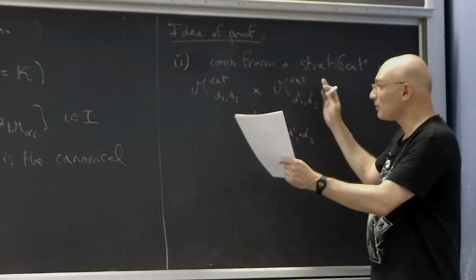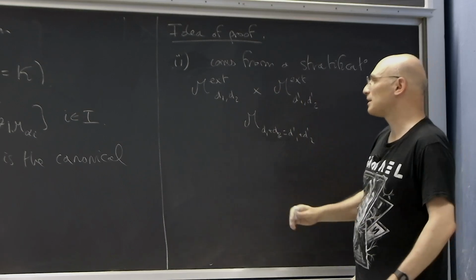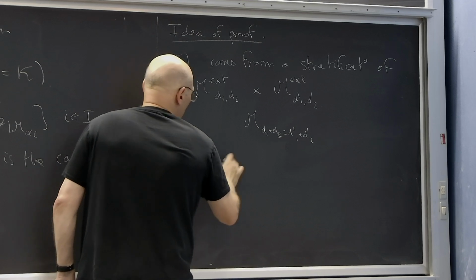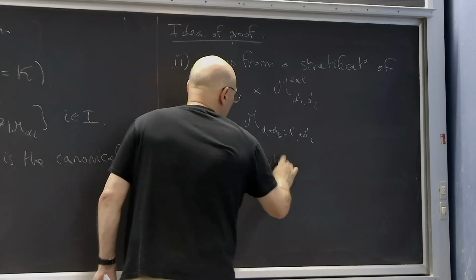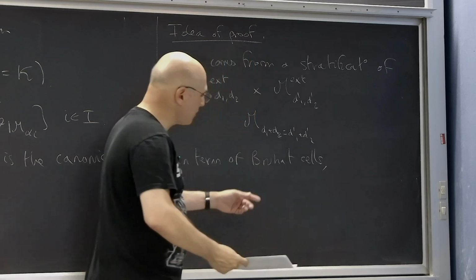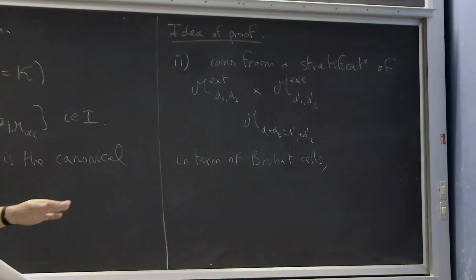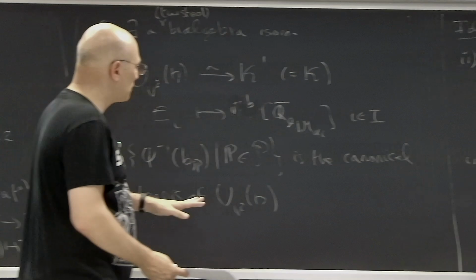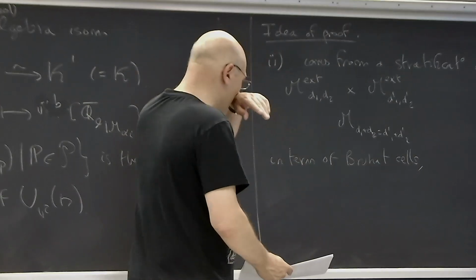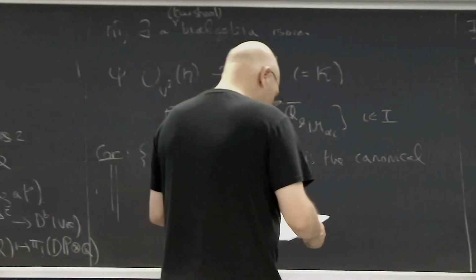And so I have to understand how they compare with each other, how they intersect. Okay, and this is stratification in terms of something like Bruhat cells. And one can show that all these Bruhat cells have some nice purity property. And out of that, you can actually perform the computation and show that you remain inside this category.